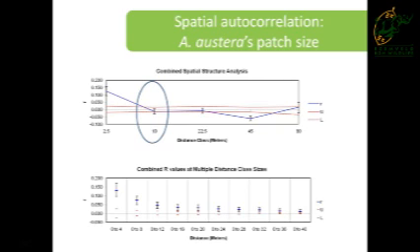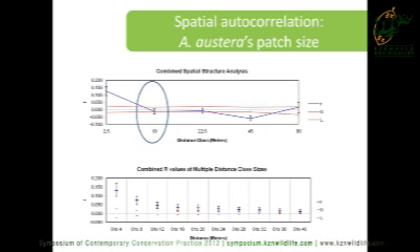Since I had the coordinates for every single colony, I went and asked myself, are colonies that are closer to each other more genetically related? So I ran a spatial autocorrelation analysis to see if the closer the colony, the higher the genetic relatedness. And what I found for Acropora austera is that yes, indeed, the closer they are, the more related they are.